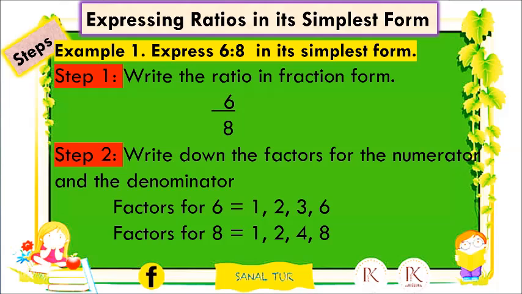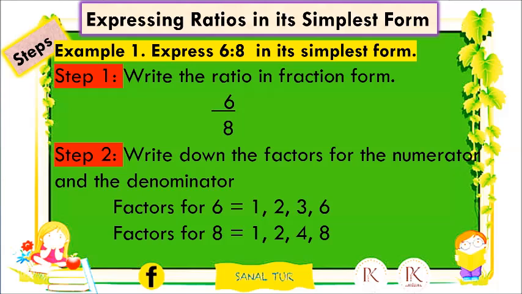So we go to example number 1. Everybody, let us read example number 1. Express 6 is to 8 in its simplest form. So what is the first step? Step 1. Write the ratio in fraction form. How is 6 is to 8 written? It is in column form.